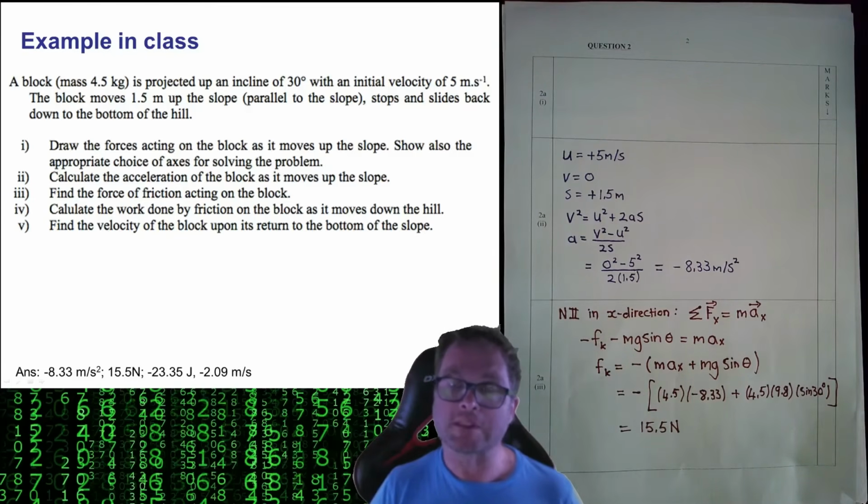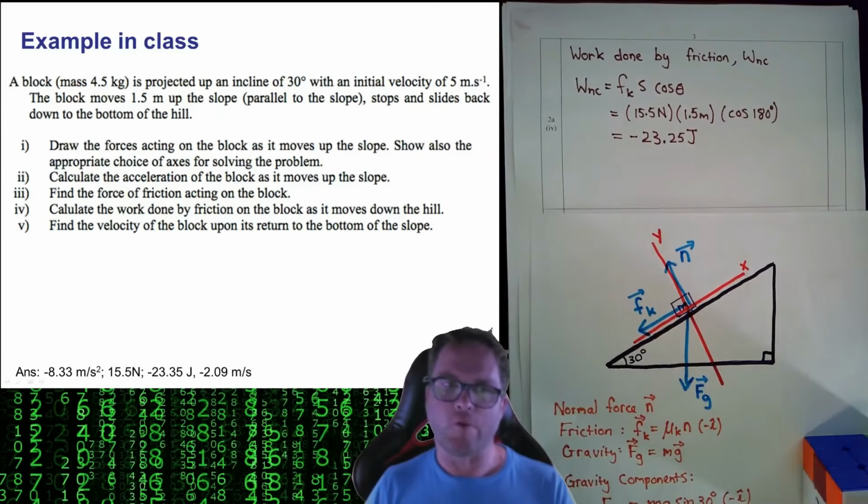From your force diagram, you would have been able to find out what the normal force is, and here we just found out what the force of kinetic friction is, and that would have then allowed you to solve for mu k, the coefficient of kinetic friction.